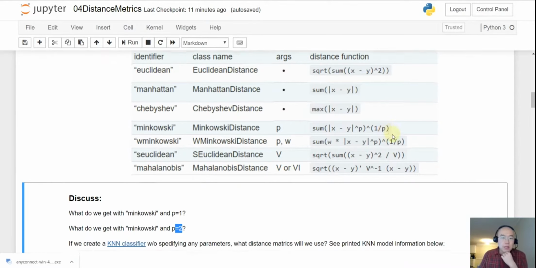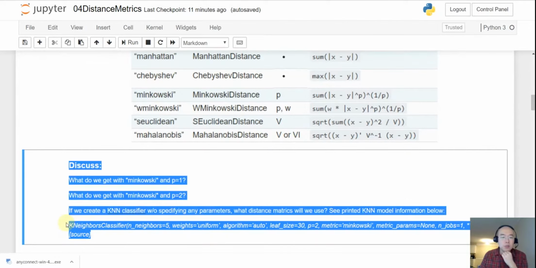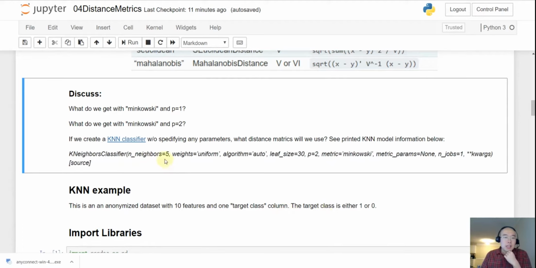Okay, and the next part: if you go to the official documentation of the k-nearest neighbor classifier, this is what you will see. It shows all the default values if you build a k-nearest neighbor without specifying any hyperparameters. By default, it will use n_neighbors as 5.